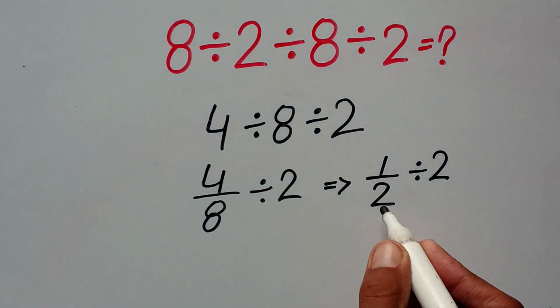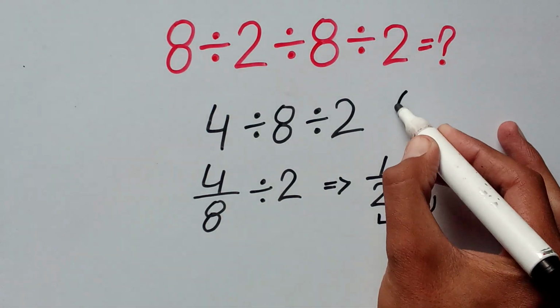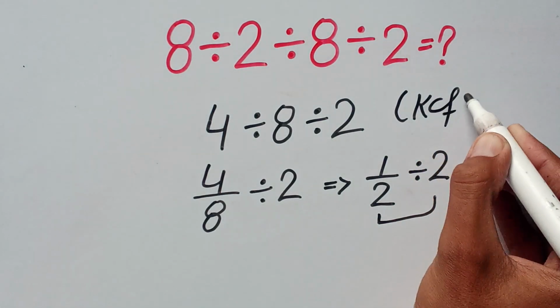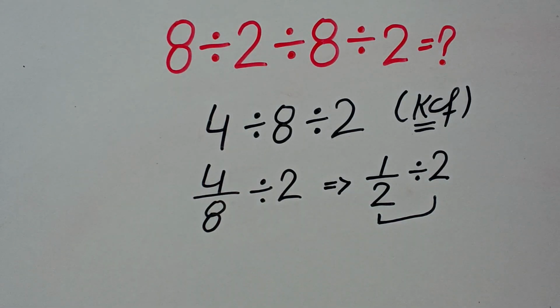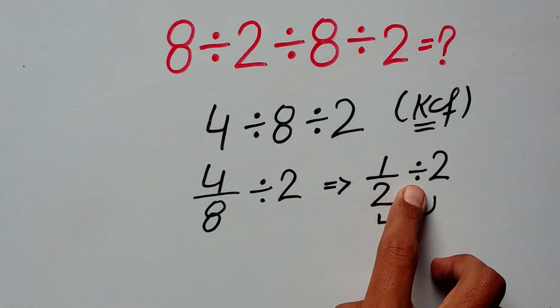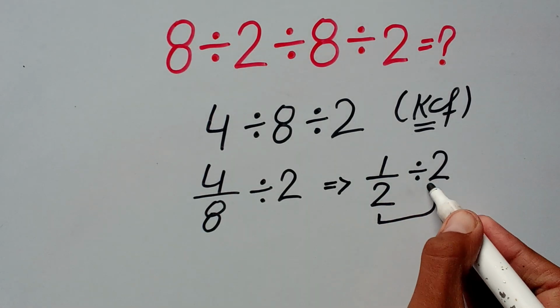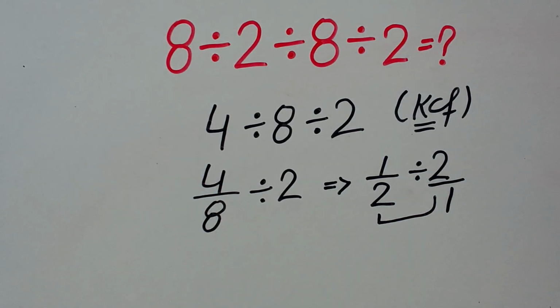Student, to solve this part, we follow the rule of KCF, which stands for keep, change, flip. According to the rule of KCF, whenever we change division to multiplication, the numerator becomes the denominator and the denominator becomes the numerator.